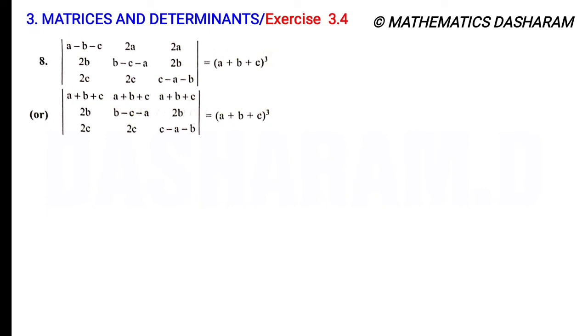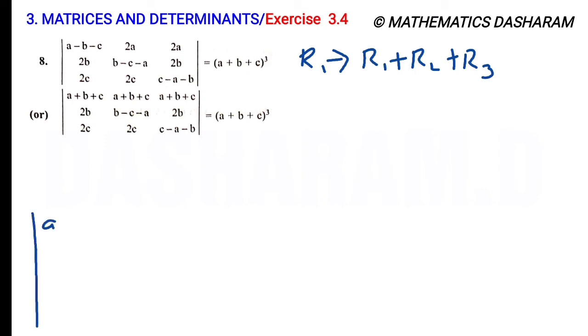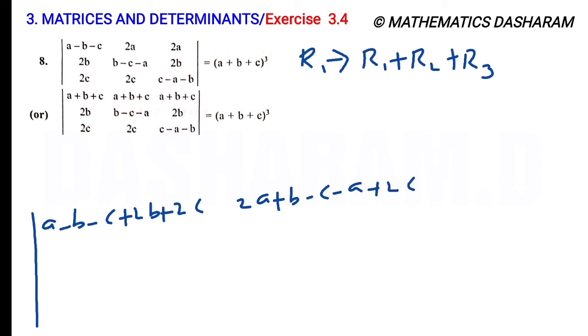Eighth question. R1 replace with R1 plus R2 plus R3. So then A minus B minus C plus 2B plus 2C. Next, 2A plus B minus C minus A plus 2C.